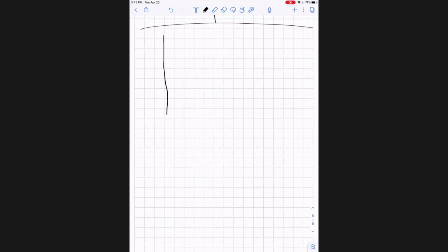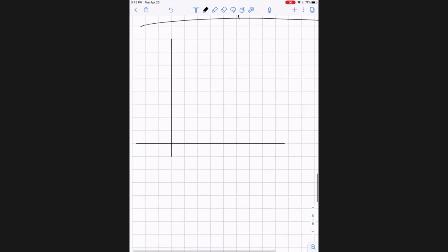Oh, I can't even draw a y-axis. So let's look at the function y equals x squared.